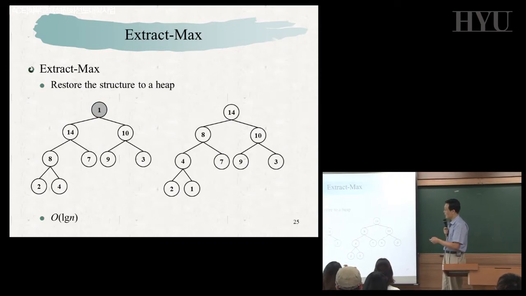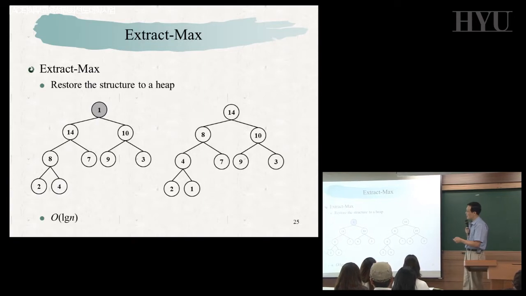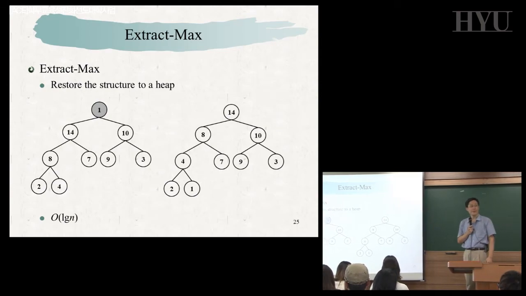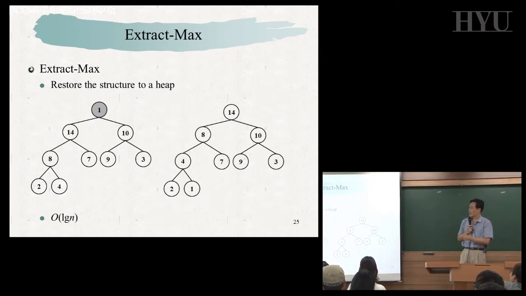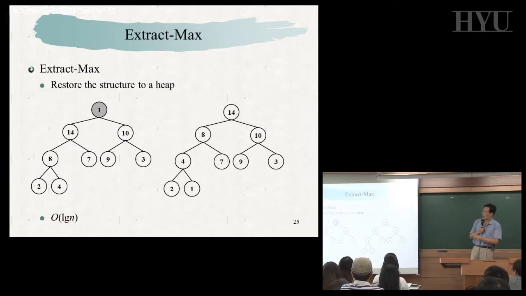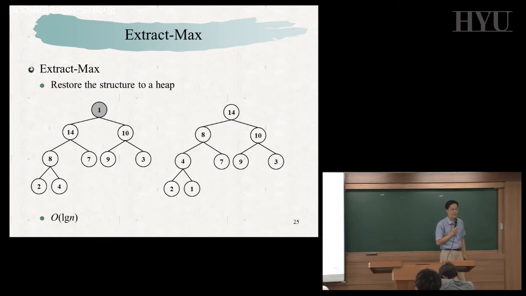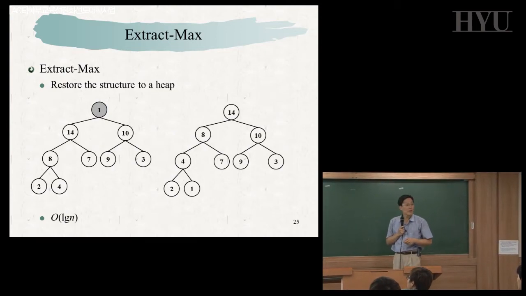Okay, then what is the path it flows down along. What is the path along which this one floats down? First change 1 to 14. 14, yes.